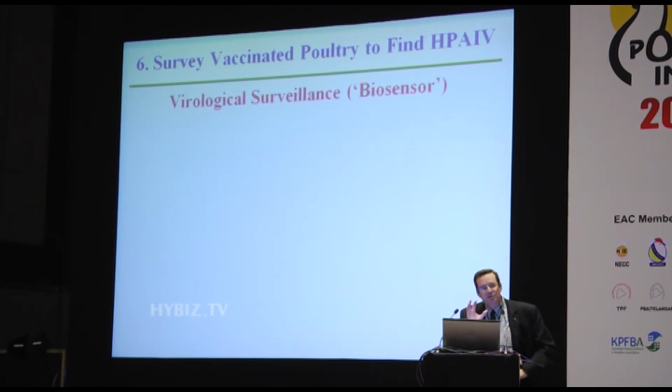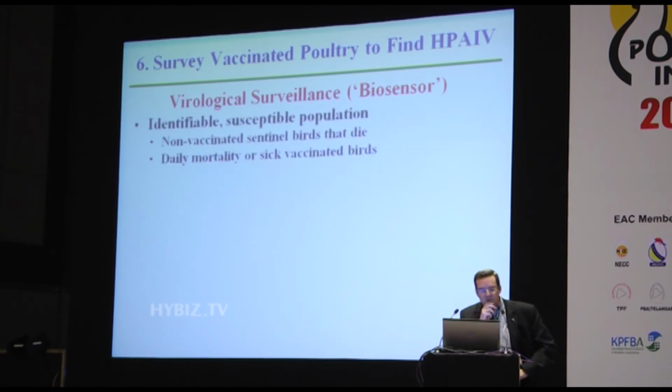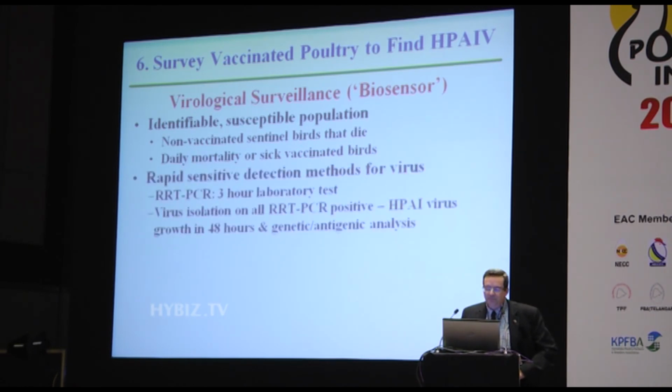And finally, we have to survey vaccinated populations to look for viruses that may escape this immunity. We can do this by using non-vaccinated sentinel birds, which is what is used mainly in countries like the United States or the European Union, or we can look in the vaccinated population themselves and look at daily mortality or sick vaccinated birds and look for virus there.